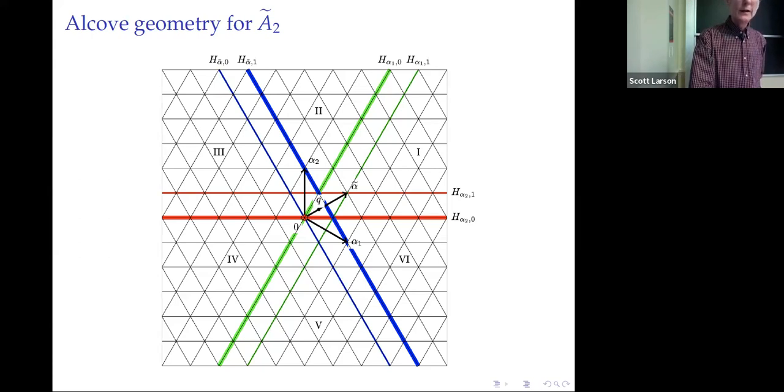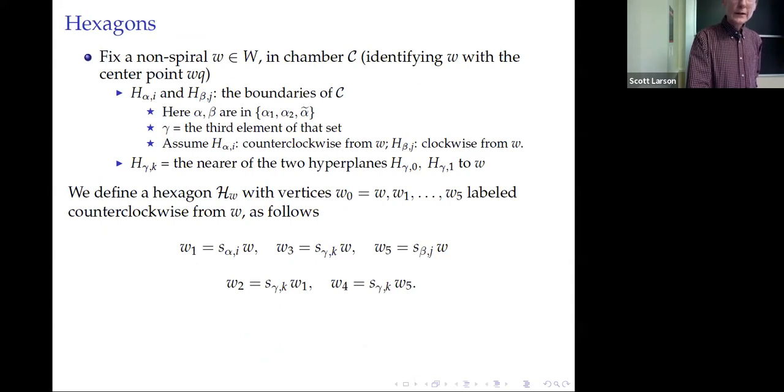Okay. So I want to talk about hexagons. Let's say we have a non-spiral element W with some chambers. And again, in this slide, I'm identifying the elements with their center points. What I want to do is define 6 elements which are going to form the vertices of the hexagon.